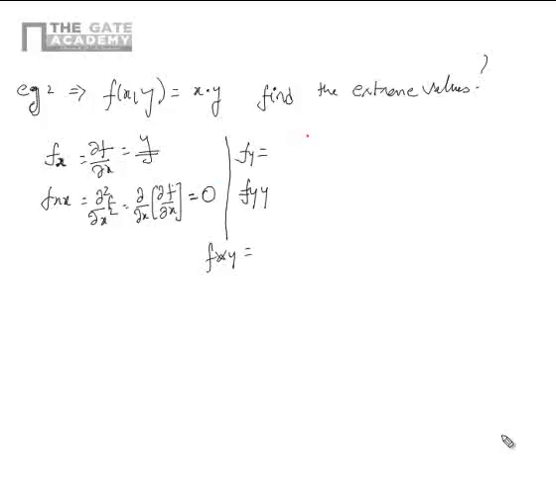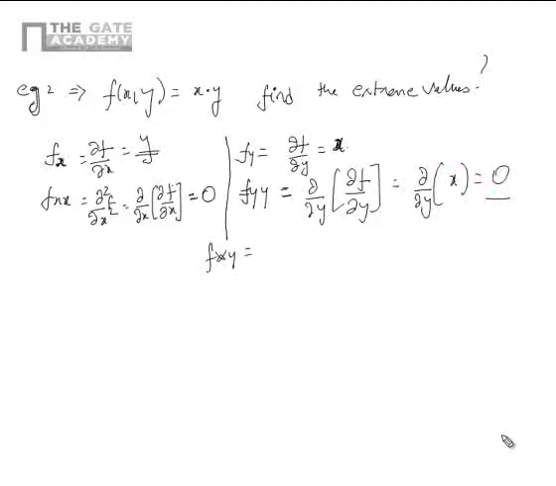Fy is dou f by dou y, this is x. And fyy is dou by dou y of dou f by dou y, which is dou by dou y of x. This is nothing but 0, since I am partially differentiating x with respect to y.